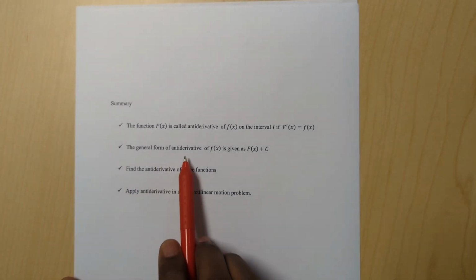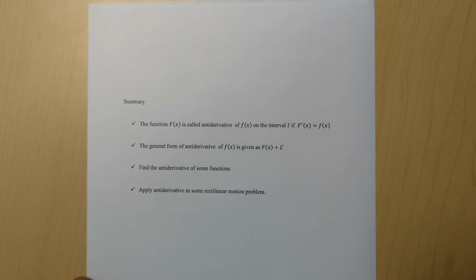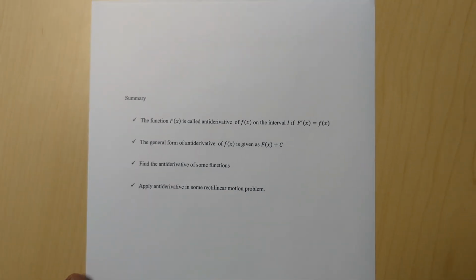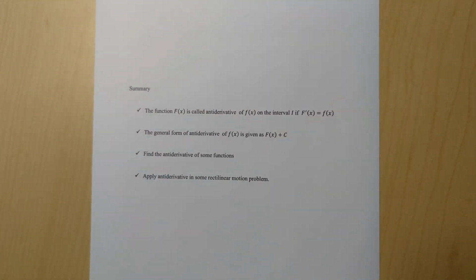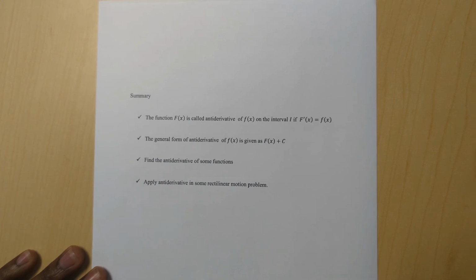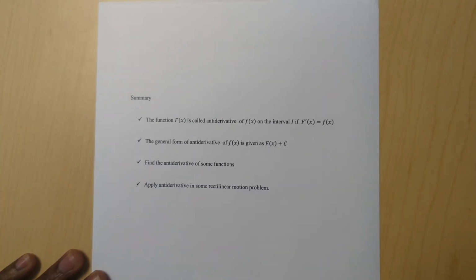And also we said the most general form of antiderivative of a function f of s is given as capital F of s plus our constant. We also learned how to find the antiderivative for some different functions, which we looked at with a lot of examples. Then, of course, we applied the antiderivative in solving some problems involving rectilinear motions.